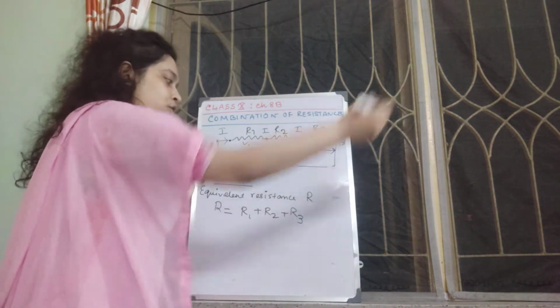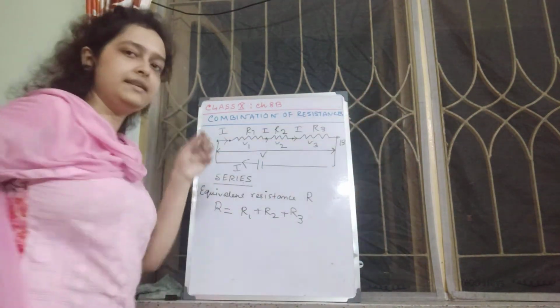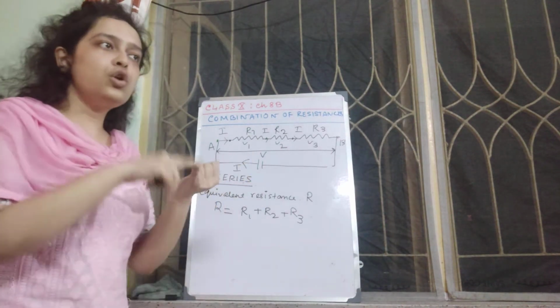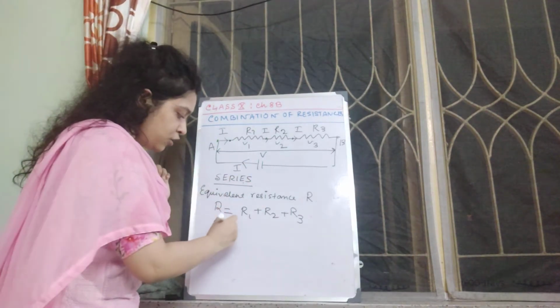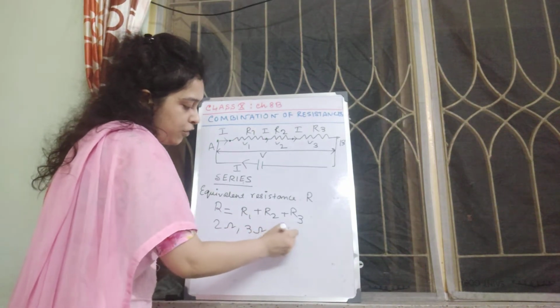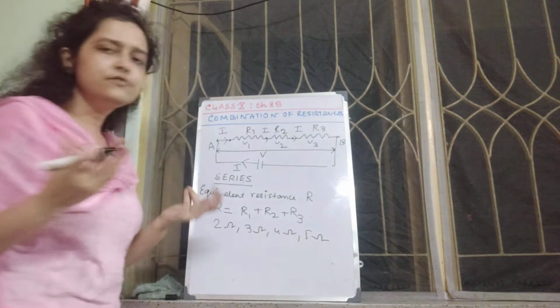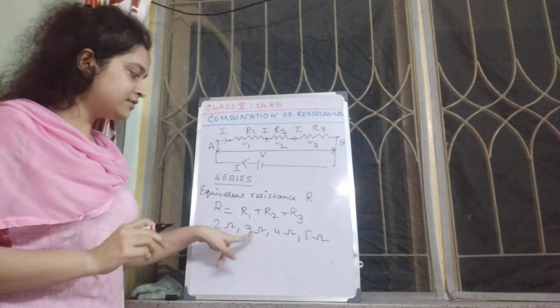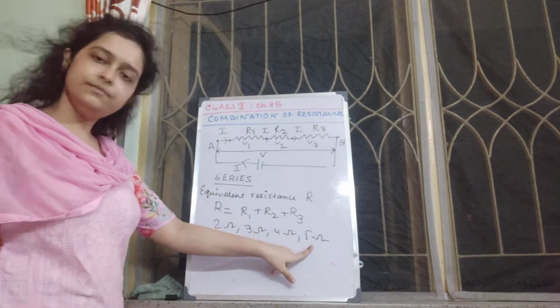If I use many more, it will be like this. If I say I have used 2 ohm, 3 ohm, 4 ohm, 5 ohm, for example, what will be the equivalent resistance? 2 plus 3 plus 4 plus 5.